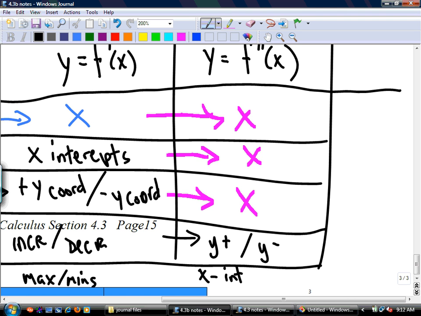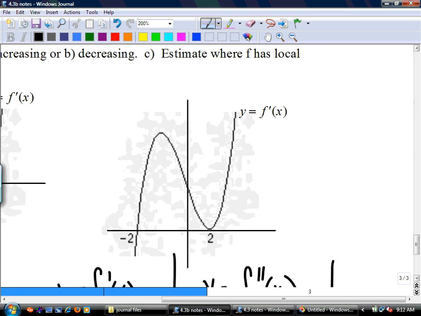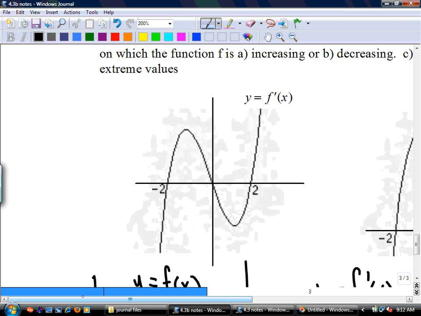So if I give you a second derivative graph, all you can do is go backwards and talk about where the derivative is increasing and decreasing, or you can go a little bit farther back and talk about where the function is concave up and concave down, and that's it. Okay? I love this table. Nobody ever made this for me when I was in high school or university. I didn't get calculus in high school, but in university. This is something that I've come up with over the years.